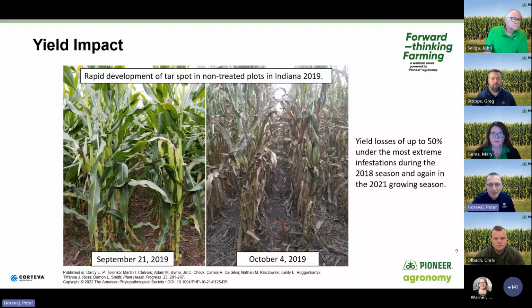But you can see there, according to their pictures, this was just over a 2 week period, showing how things could change dramatically in very susceptible genotypes or hybrids. So the yield losses were reported even up to 50% in some extreme cases.